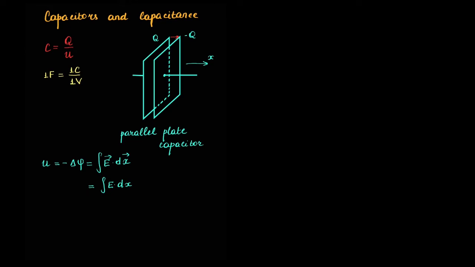So we can take E out of the integration, and the integration of dx gives just x. If we integrate from x1 to x2, we get x2 minus x1, which is the distance between these two plates.